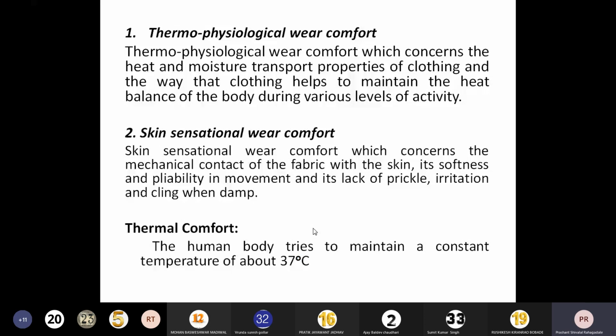if suppose that particular fabric or material which you are wearing is not soft, if it is not pliable, then during movement it will irritate you. Okay, and if it is not soft, not pliable during movement, and if it has prickles, I will see what prickle means, you will find that it will irritate you.